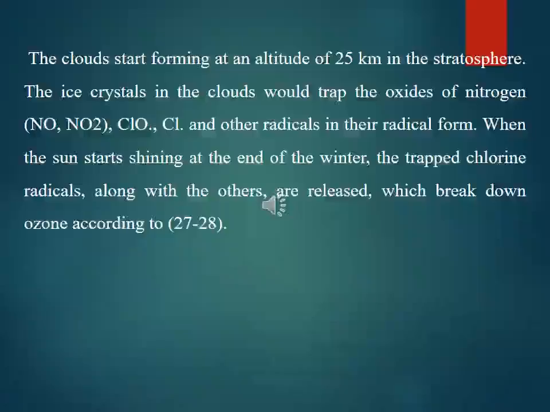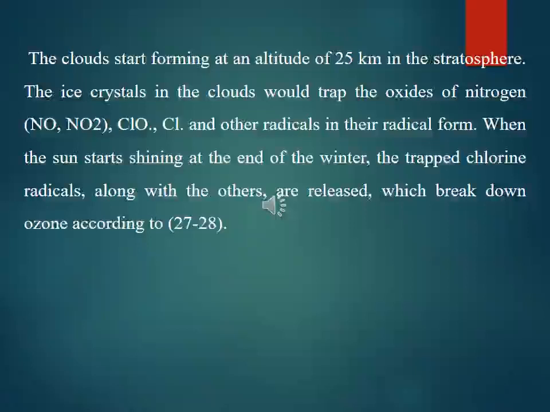Clouds start forming at an altitude of 25 km in the stratosphere. The ice crystals in the clouds trap the oxides of nitrogen, perchlorate, chlorine radical, and other radicals in their radical form as well.